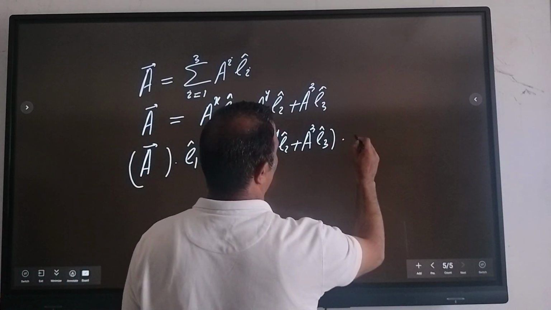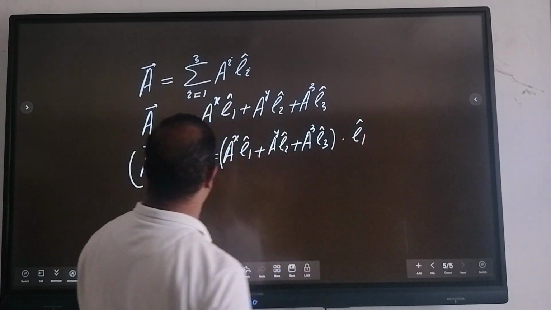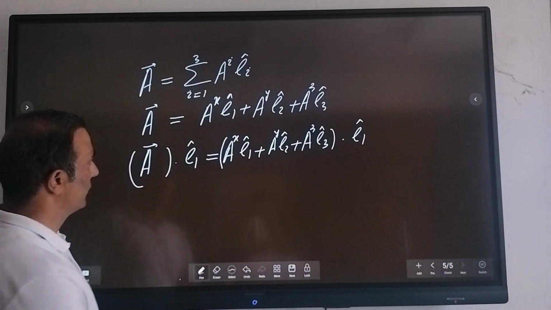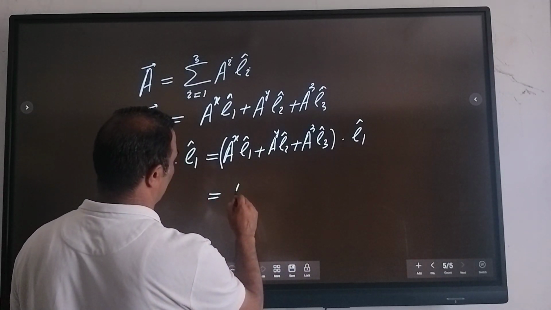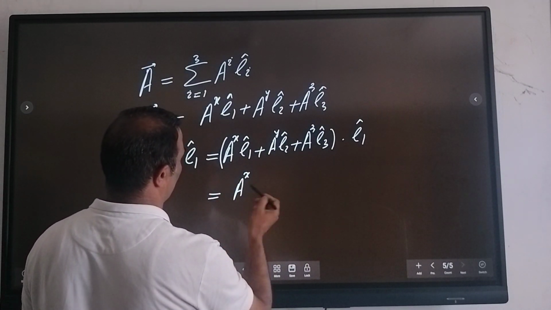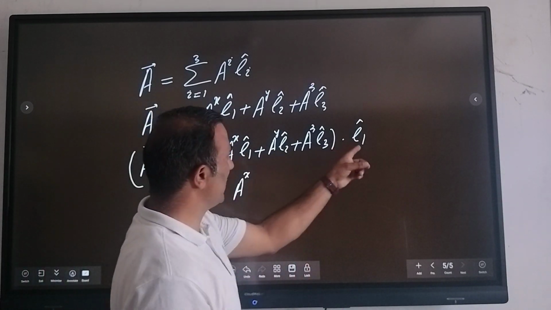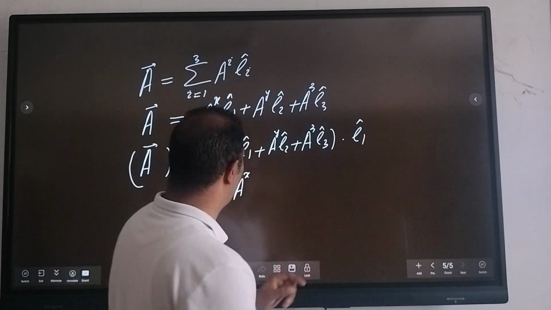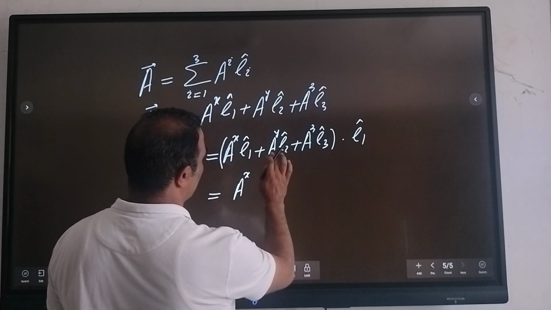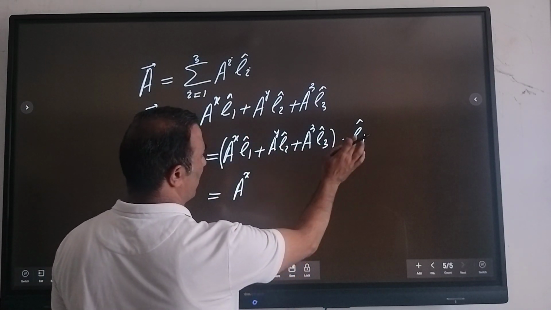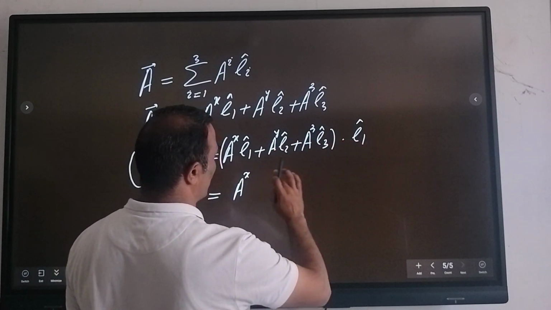So dot with E1, right? Because I take A dot E1. So that's equal to, because now AX with dot product E1 dot E1 is equal to 1, right? And this will be AX. And the second component will be when you take AY E2 with E1. So that's equal to 0.